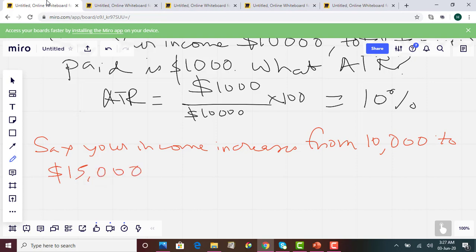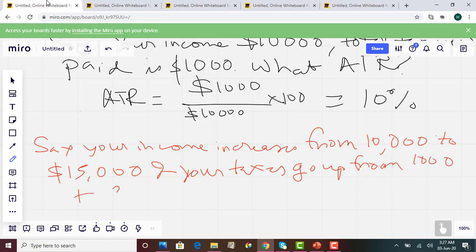Let's say you get a promotion and your income increases from $10,000 to $15,000, and the amount of taxes you pay goes up from $1,000 to $2,000. What is your marginal tax rate?